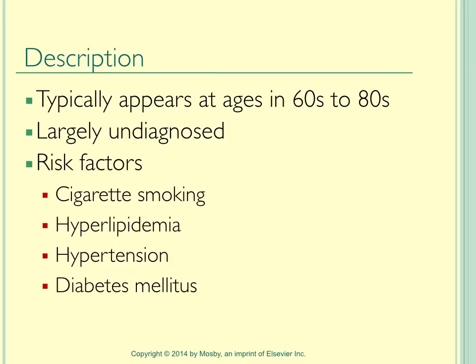The risk factors, as in most other coronary artery diseases, include cigarette smoking. Nicotine is a vasoconstrictor, and tobacco smoke impairs the transport and cellular use of oxygen. It increases blood thickness or blood viscosity and also increases the homocysteine levels.